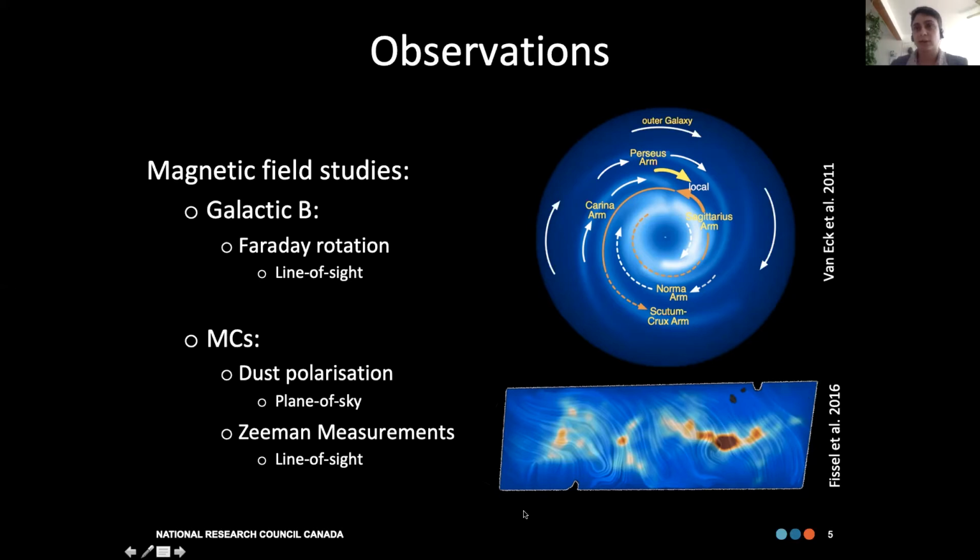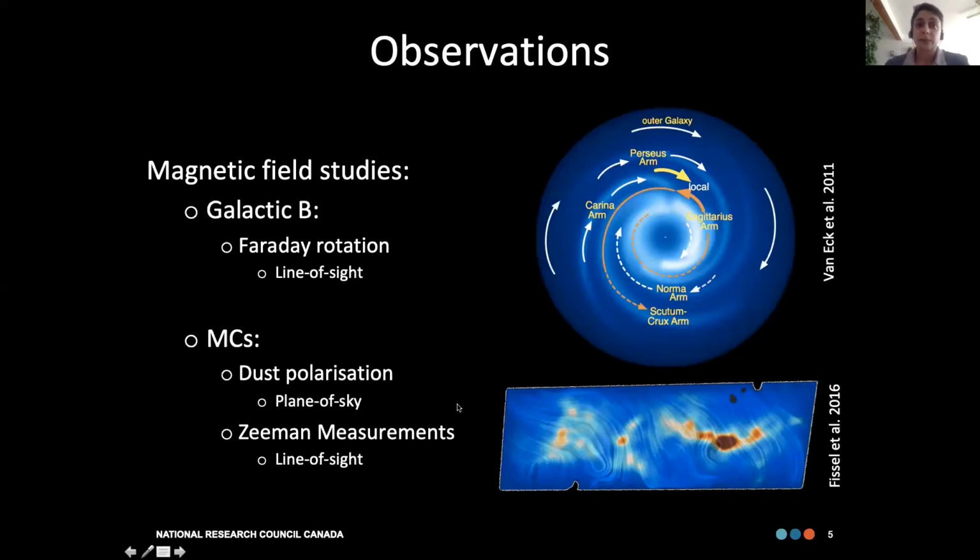This image shows the drapery lines here showing the magnetic field in the plane of sky in the Vela C region, observed by Fissel et al. 2016. And I forgot to mention this cartoon, which is done using Faraday observations by Van Eck et al., which provides a tomography of the galactic magnetic field.